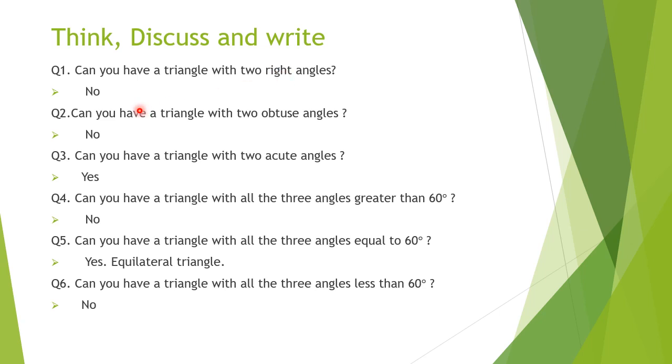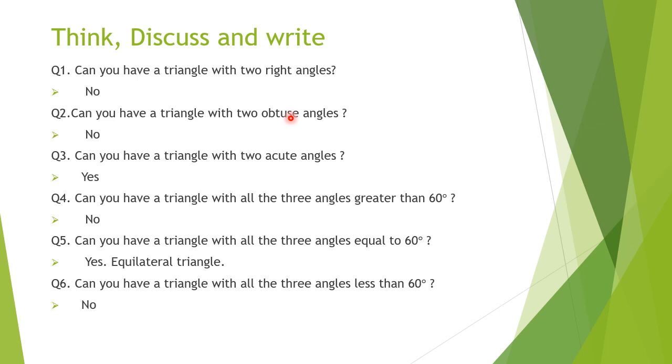Number 2. Can you have a triangle with two obtuse angles? The answer is no. Why? See children, obtuse angles means angles which are greater than 90 degrees. So let us take an example. Like this, in such questions you have to take an example and do it. So I am taking the obtuse angles as 100 degrees and 110 degrees.